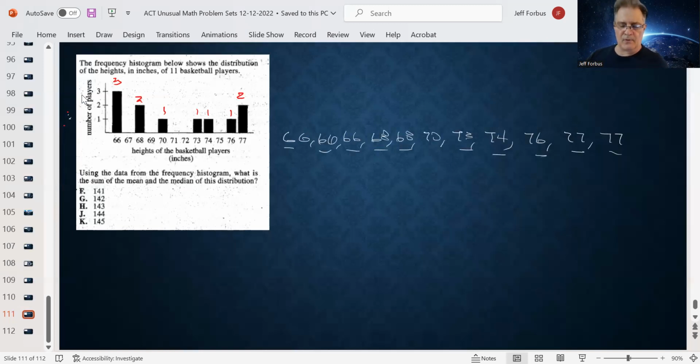So the lone number in the middle is our median. So our median is 70.